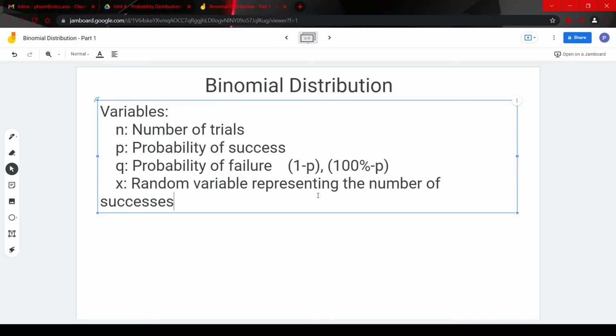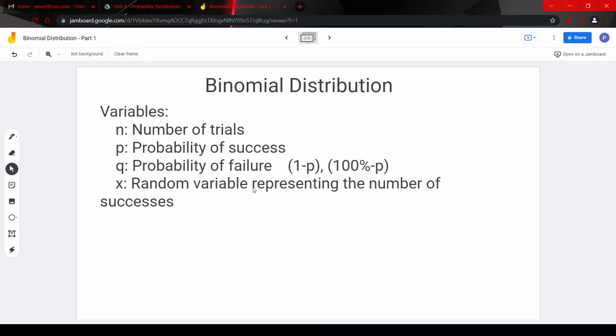Both ways work. You can represent your probability as a decimal, a percent, or a fraction. All ways are acceptable. Finally, x is a random variable representing the number of successes. So again, this will normally be a range from 0 to whatever the number of trials is.